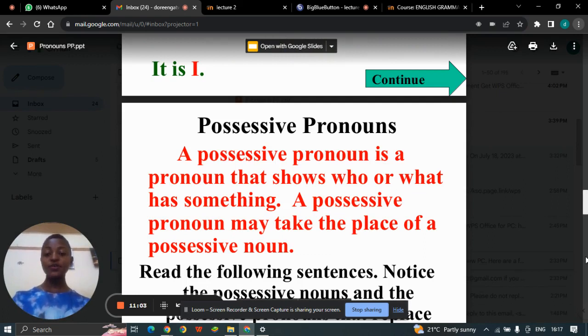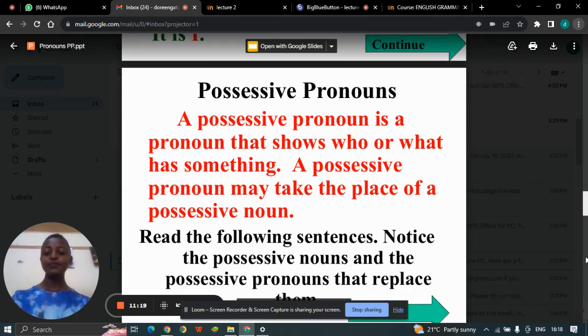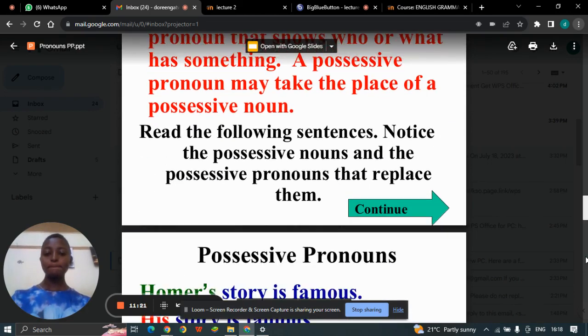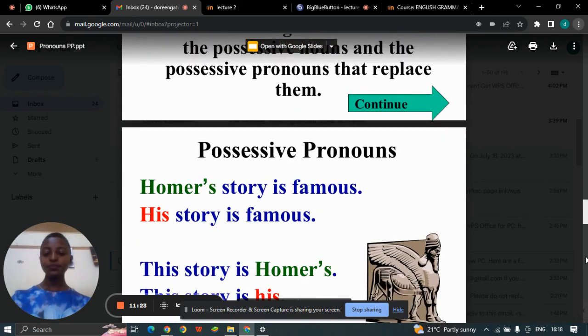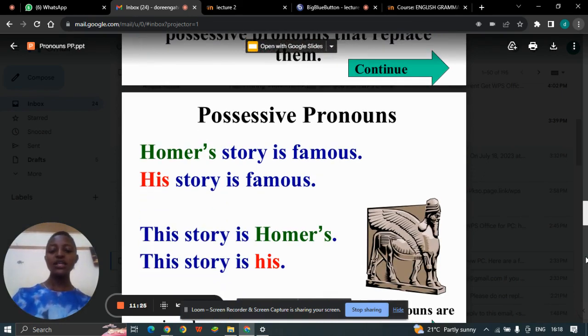A possessive pronoun is a pronoun that shows who or what has something, who is possessing or who is the owner of that something. A possessive pronoun may take the place of a possessive noun. For example, Homer's story is famous.